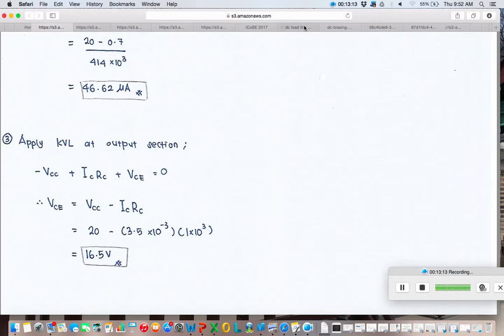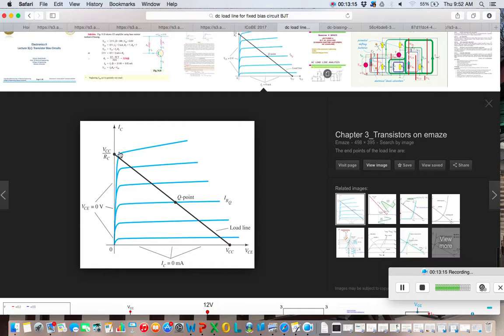So the DC load line must be drawn using the output loop. You must remember the output characteristic for BJT is this graph, IC versus VCE. The blue line here indicates the IB curve, or IB current.